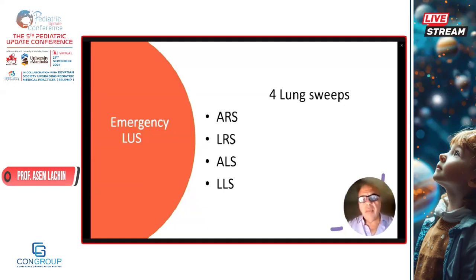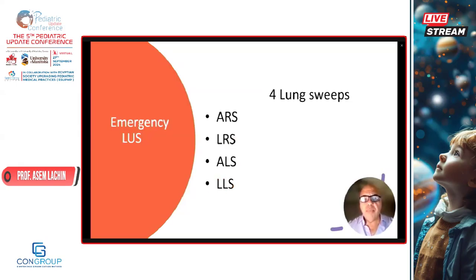Here we are looking mainly for the effusion, but with a different technique. We are doing a longitudinal sweep. As we mentioned, 4 sweeps: the anterior right sweep from the midclavicular line downwards, and then the lateral right sweep, and the anterior left sweep, and lateral left sweep.